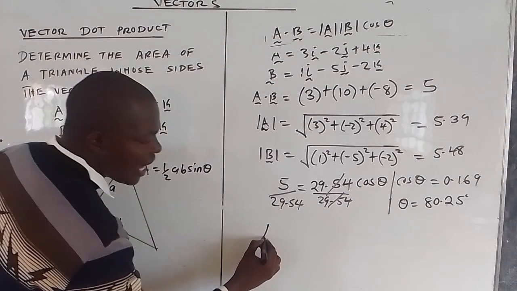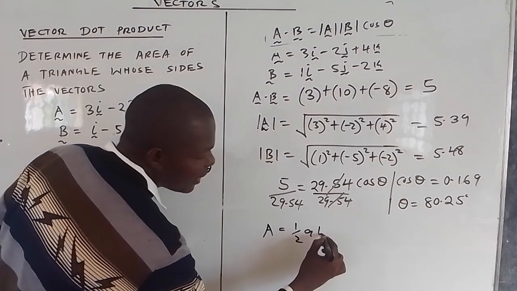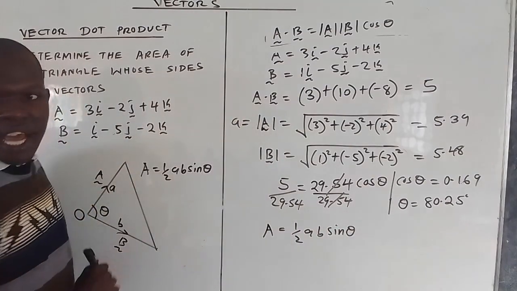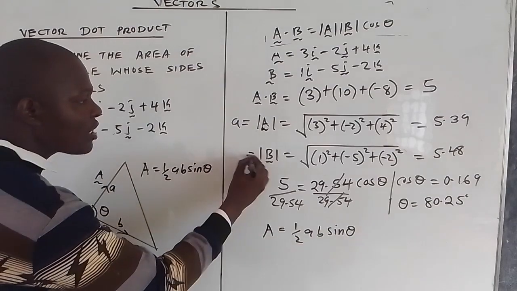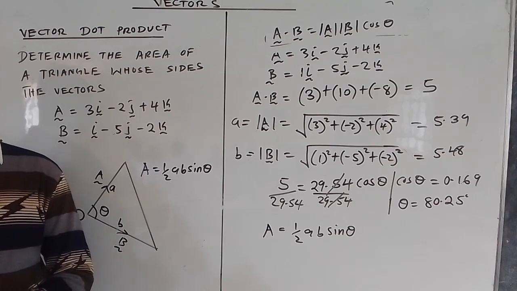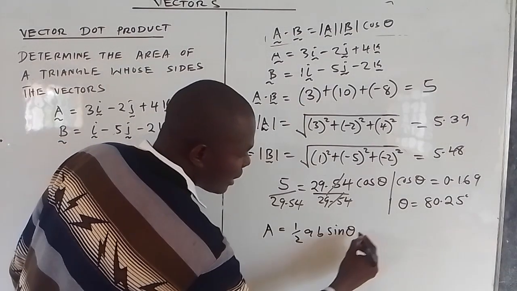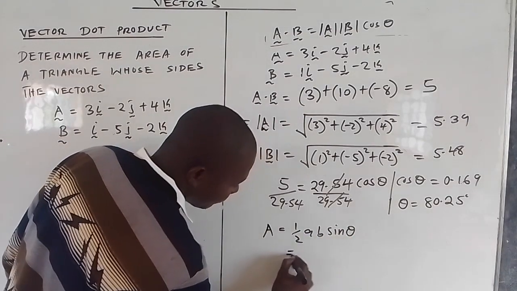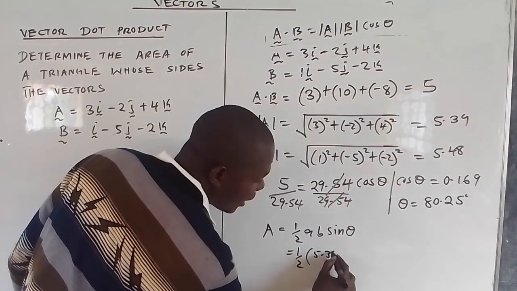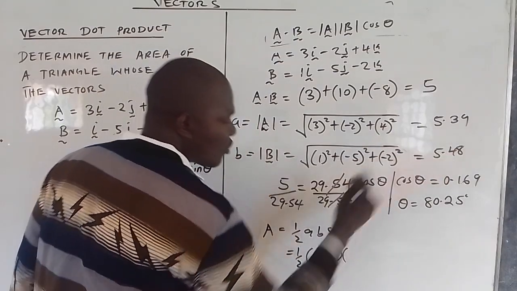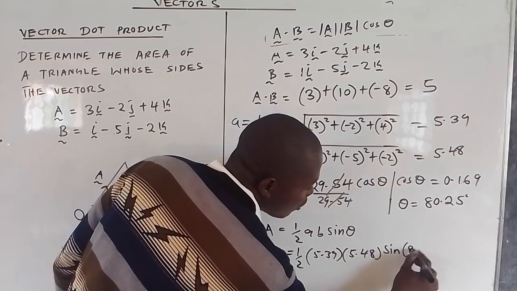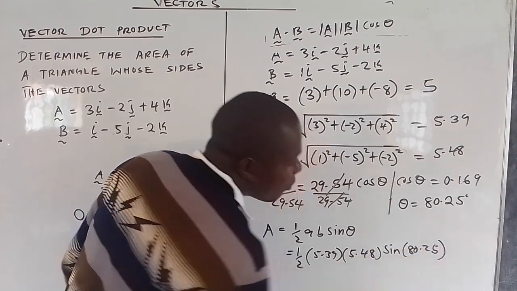After that, we can now get the area of the triangle. The area of the triangle is a half AB sine theta, where A was the magnitude of vector A and B was the length of vector B, the magnitude of vector B. So the area is a half times 5.39 times 5.48, times the sine of the angle between them, sine 80.25 degrees.